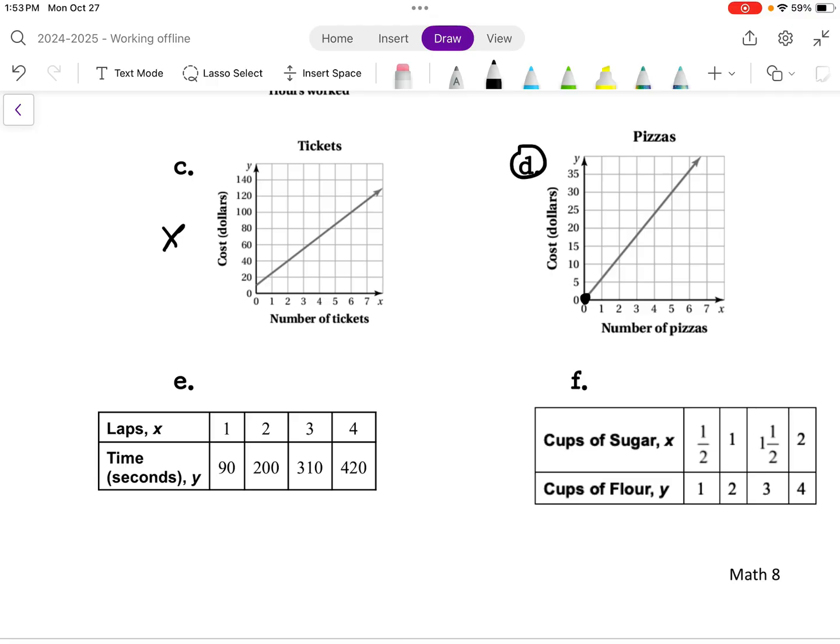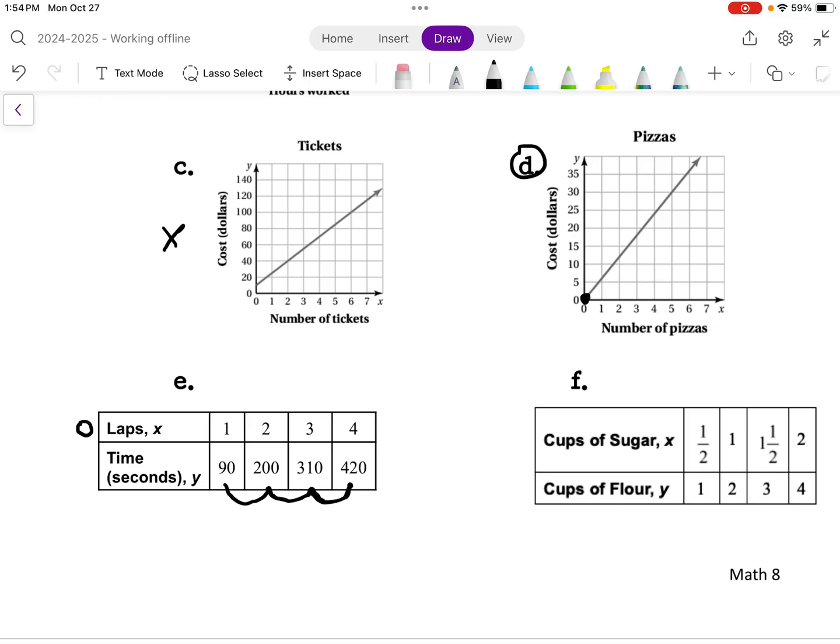We can do this without graphs too. We can look at a table. So if I look at this table, I would have to determine if I continued the table, would it go through 0, 0? So I can kind of follow the pattern 4, 3, 2, 1. I'll just put it over here to the left, 0. And then this pattern looks like it's counting by 110. So it drops from 420 to 310. That's 110, 110, 110.